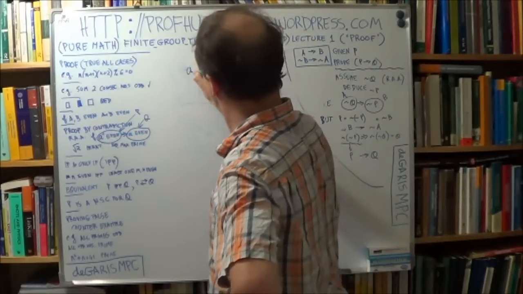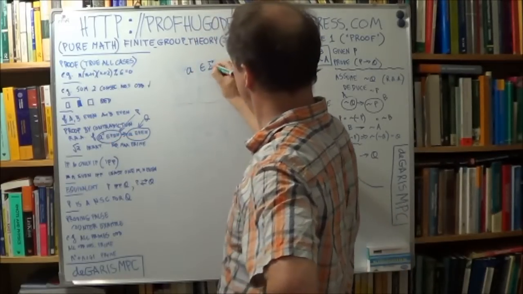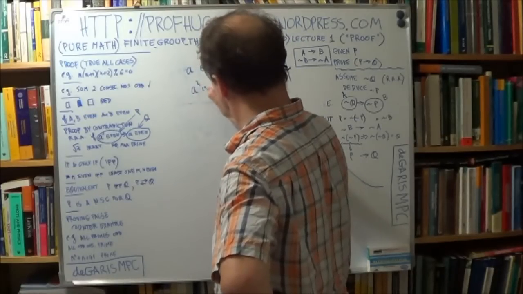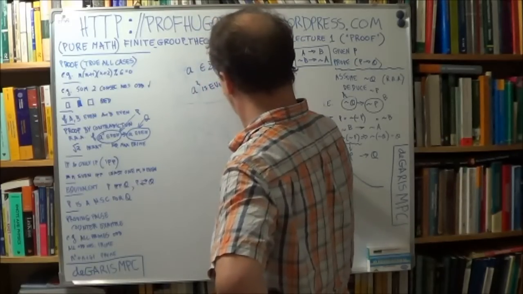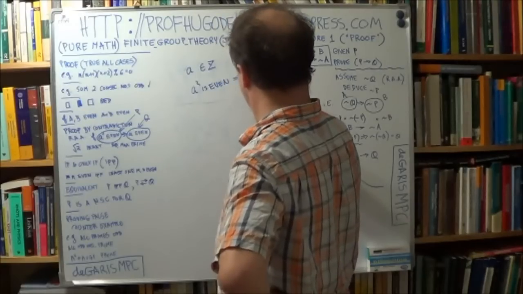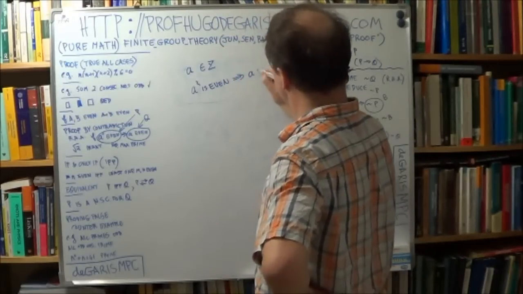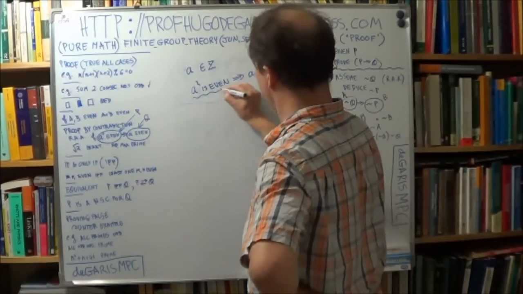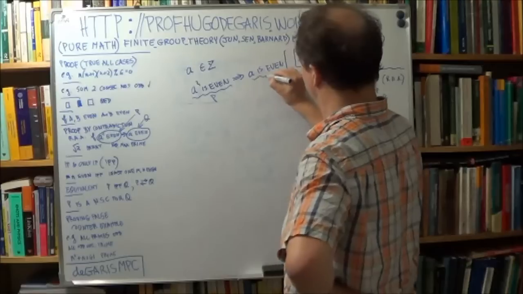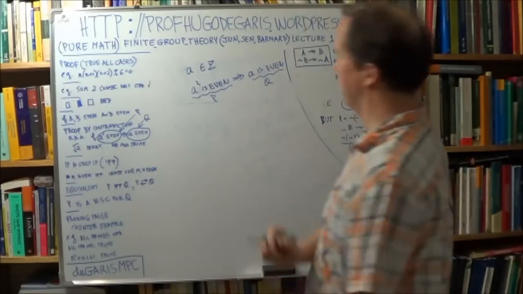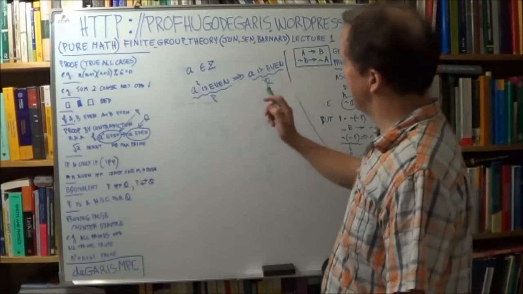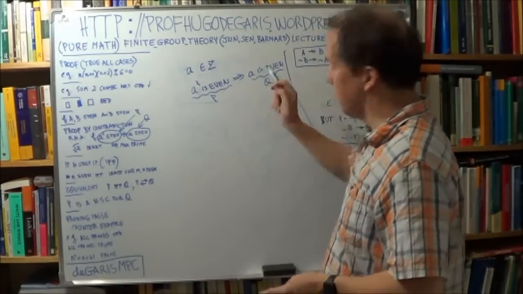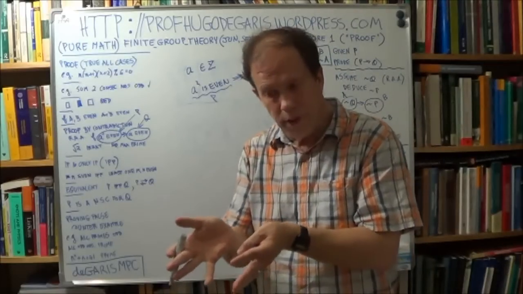So let's say A is an integer, and A squared is even, implies A is even. Let's try to prove that. Let that be statement P, and this is statement Q. So if the square of an integer is even, therefore the integer itself is even.